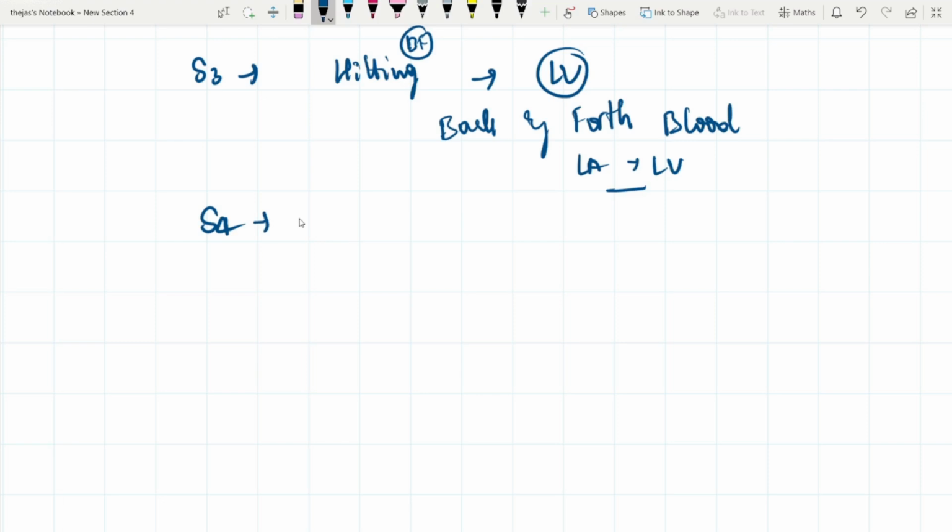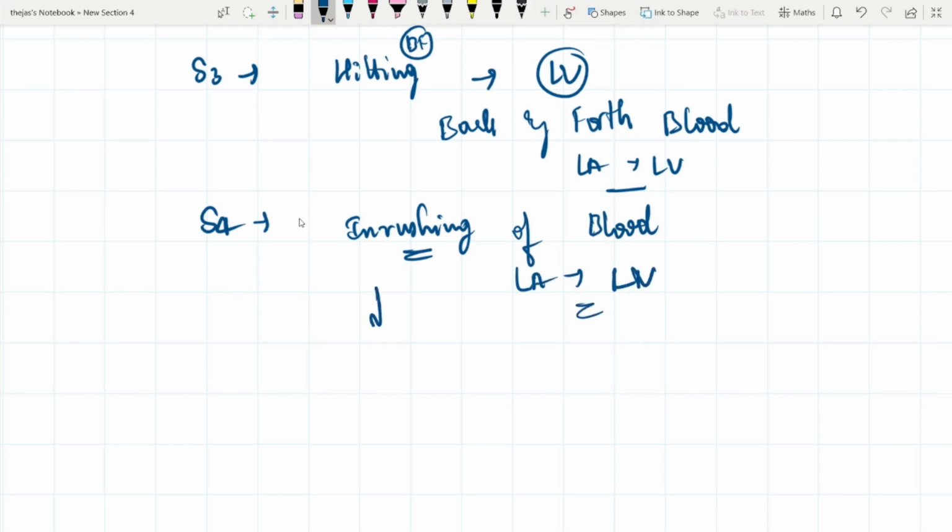This is due to the inrushing of blood from the left atrium to the left ventricle. Don't forget this word, inrushing. See, I told you the left atrium contributes only about 20% of the blood filling. The remaining 80% of the blood filling occurs passively, right?